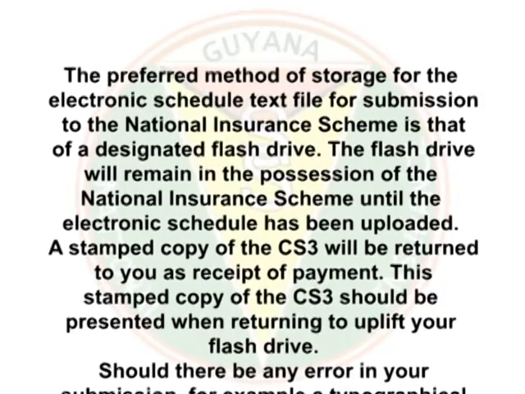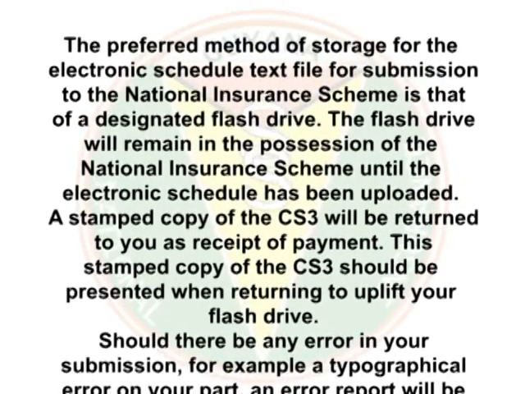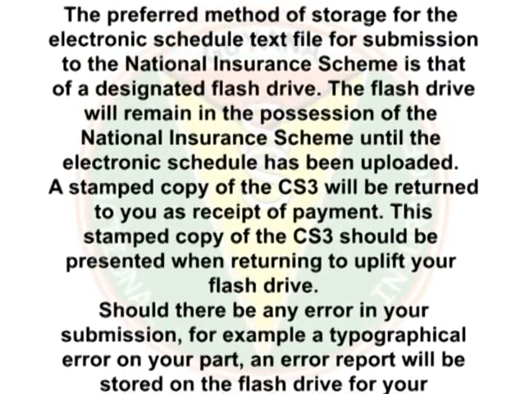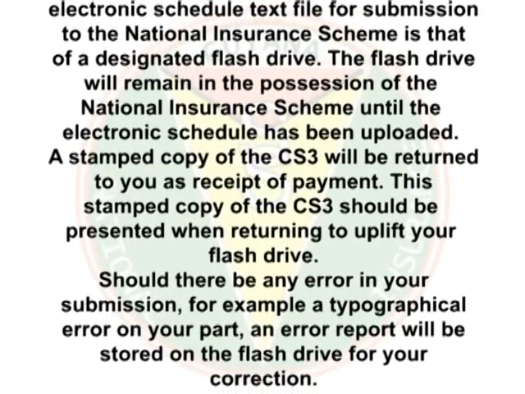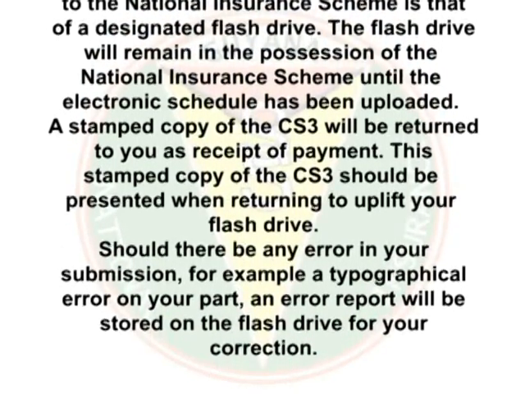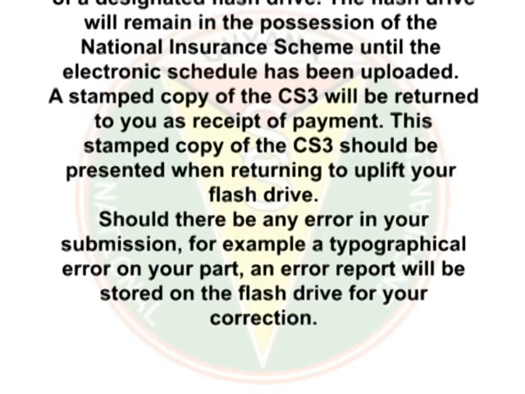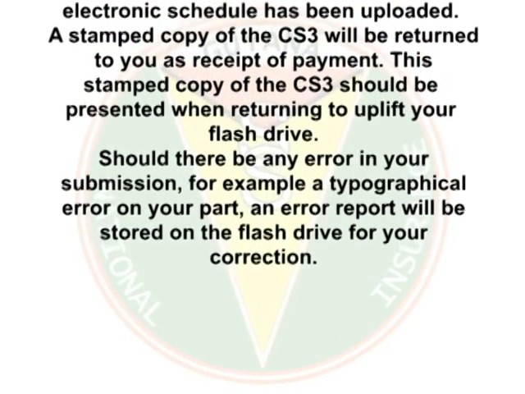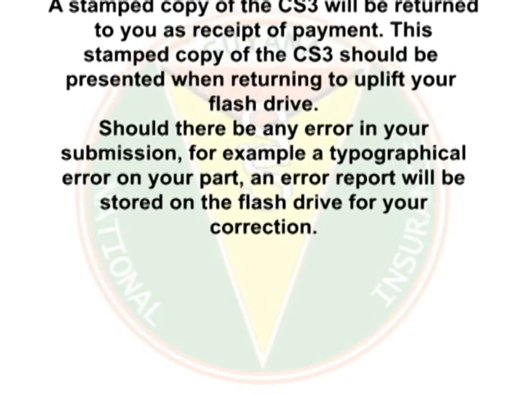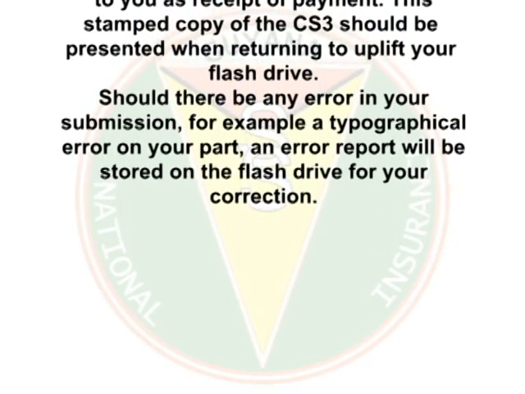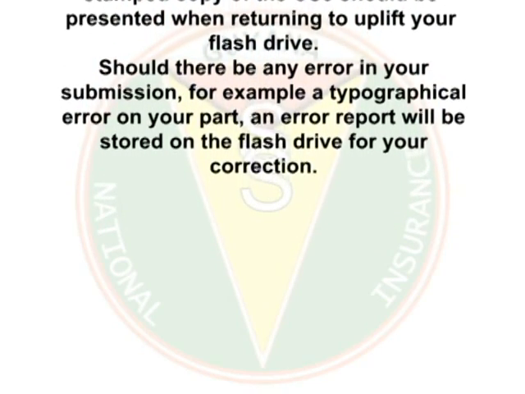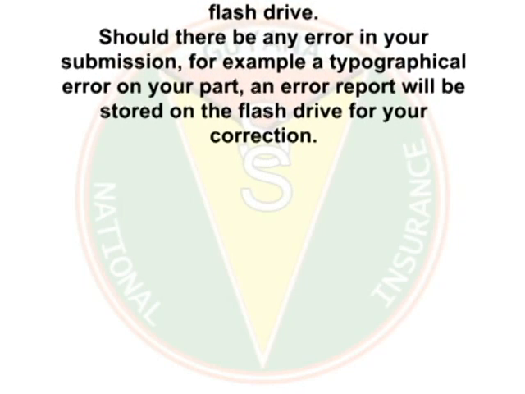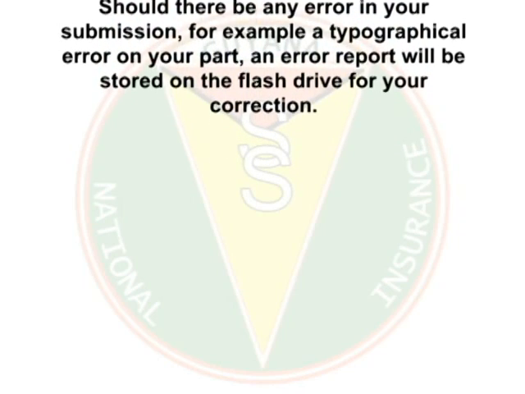A stamped copy of the CS3 will be returned to you as receipt of payment. This stamped copy of the CS3 should be presented when returning to uplift your flash drive. Should there be any error in your submission, for example, a typographical error on your part, an error report will be stored on the flash drive for your correction.